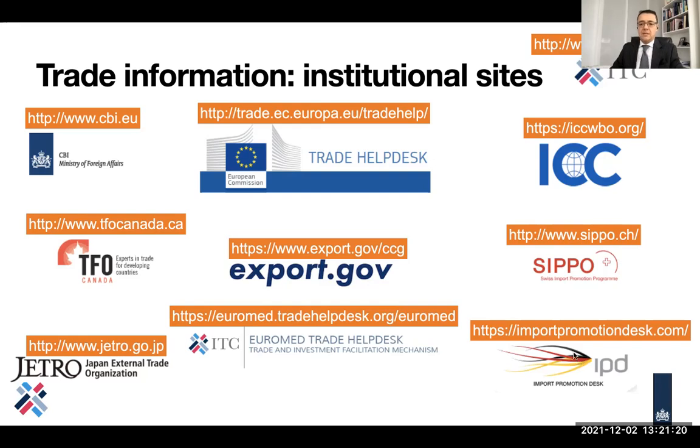Beyond these sites, there is the International Chamber of Commerce. The International Chamber of Commerce is really useful because it is the organization that determines the Incoterms. I will discuss Incoterms soon, not right now, but they offer information on Incoterms, on commercial dispute resolution mechanisms, and on many of these things.